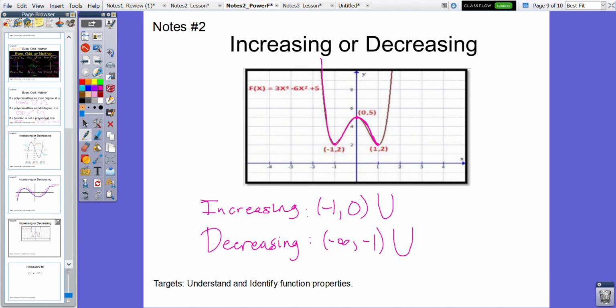So we mark this interval as starting at 0 and going to 1. Okay, so those are decreasing intervals. And then from there, notice how it goes up from left to right. Therefore, this right here is our last increasing interval. So that's from +1 to +infinity. Okay?